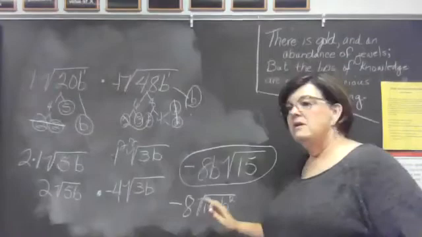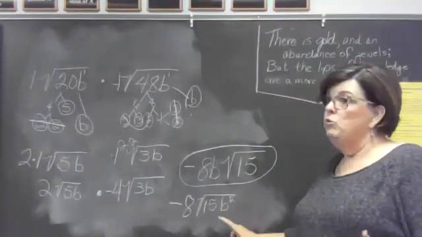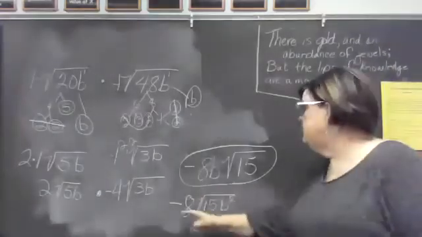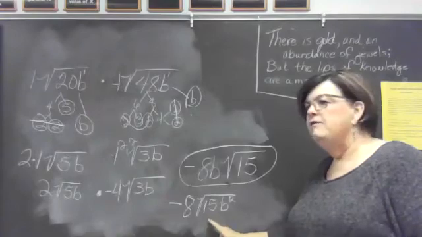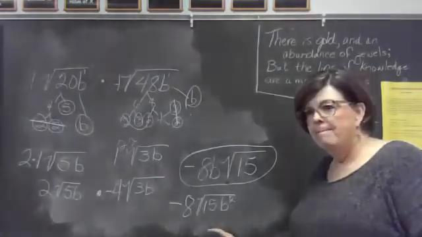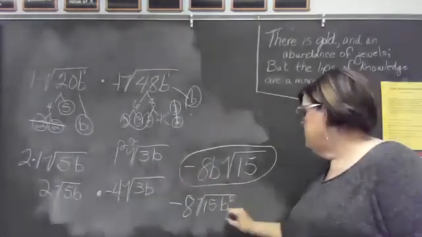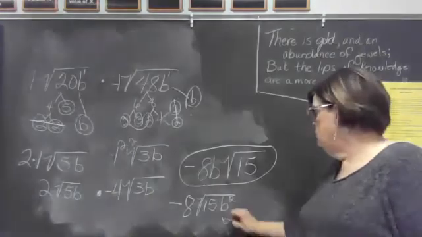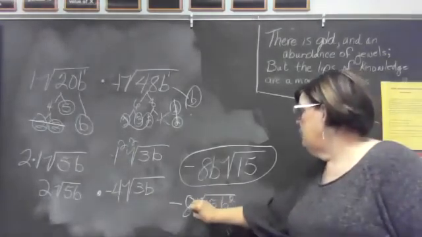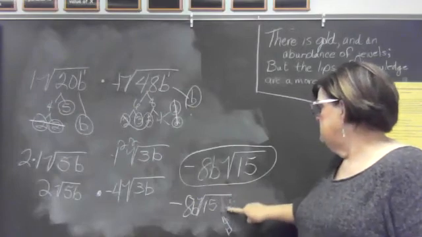This is the extra step that I was telling you about, that there might be one more step, because now you have to look in what you have. And 15 just breaks down to 3 and 5, so it can't go anymore, right? But you always need to check when you do it this way. B is a B and a B. And so this is a group that can go out and leaves this.